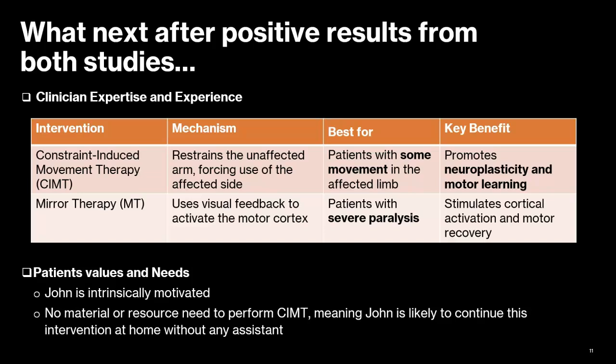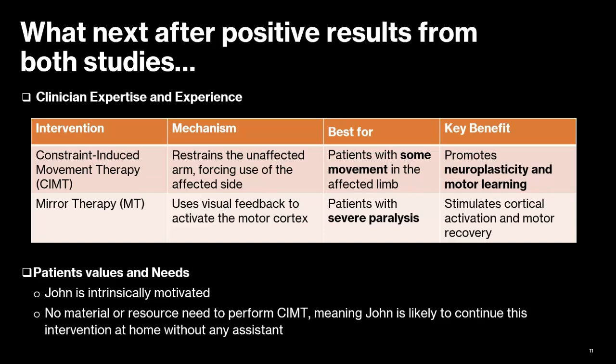Furthermore, clients' values and needs also form parts of the evidence-based approach in our selection. That is, one, John is intrinsically motivated, and then also there are no material or resources to use in performing the CIMT.